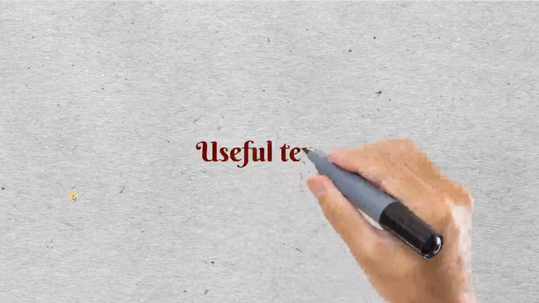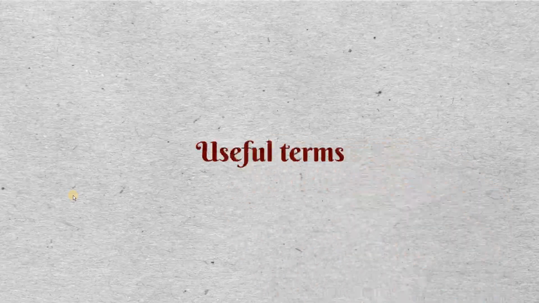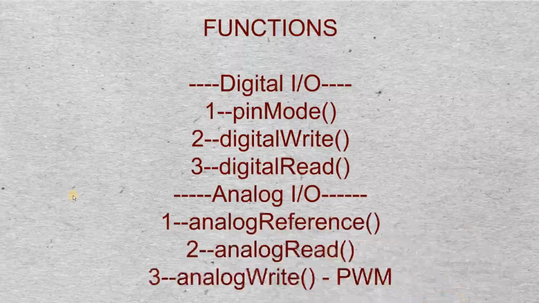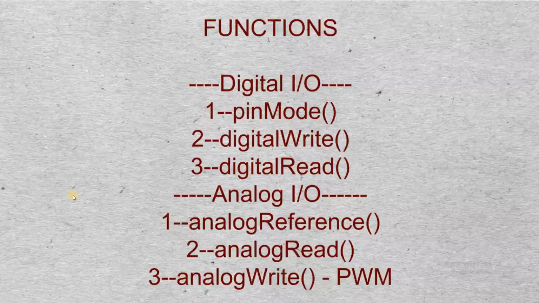Now we have some useful terms that we use to program the Arduino board. These are the functions that are very important for every Arduino programmer to take note of. The first one is data I/O functions, data input and output functions.